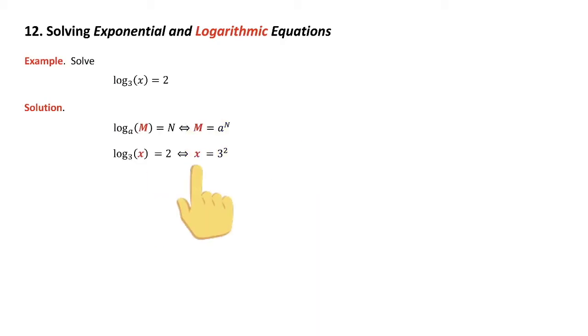So x is there, 3 is the base, 2 is the power. So x is 9. Okay, so this is the prototype. Once we get it down to a single log of anything equals a number, this is what we're going to do.